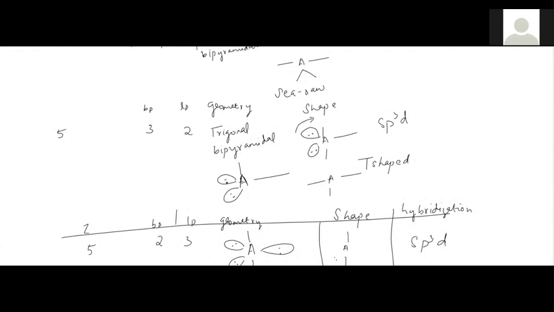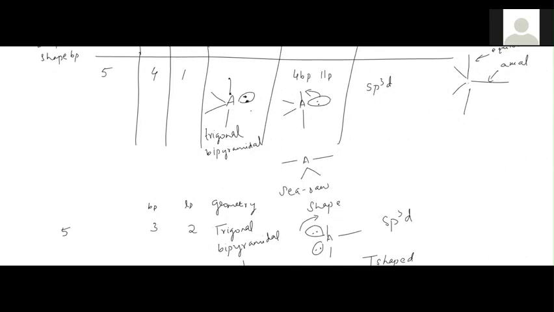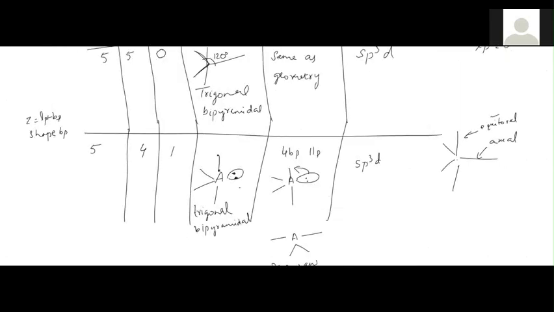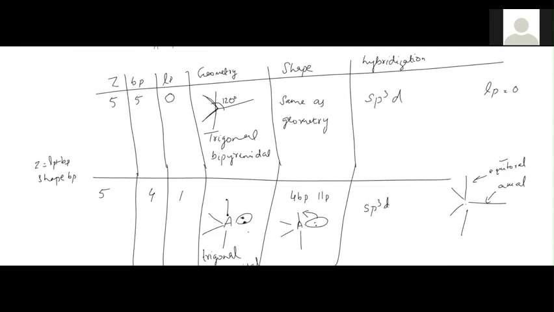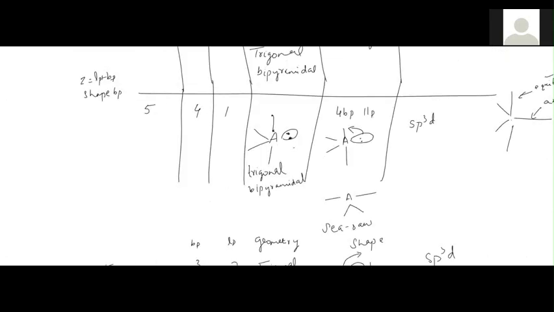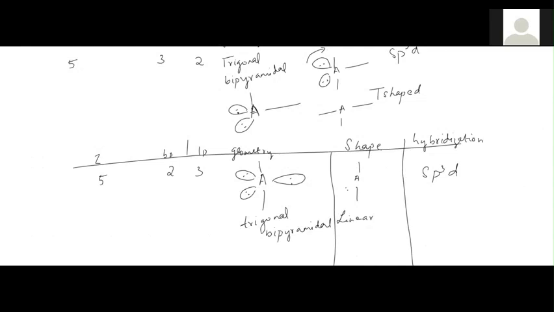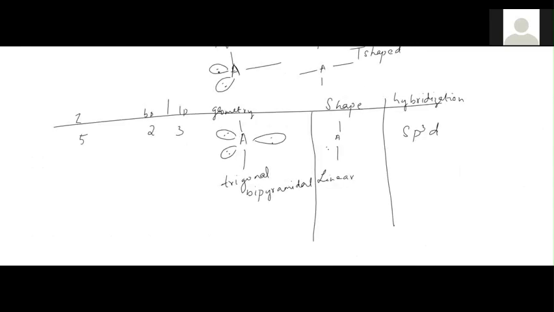You can understand and do, but if you can memorize it, that would be better. Also please remember, the geometry depends upon bond pair plus lone pair, but the shape depends only on the bond pair.